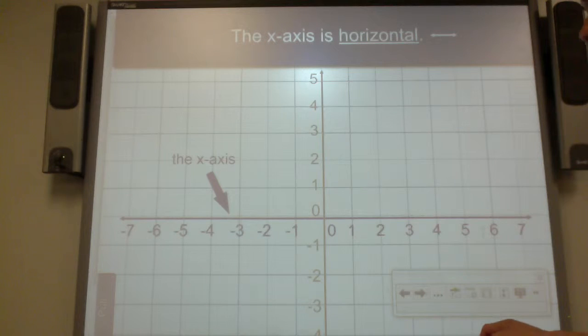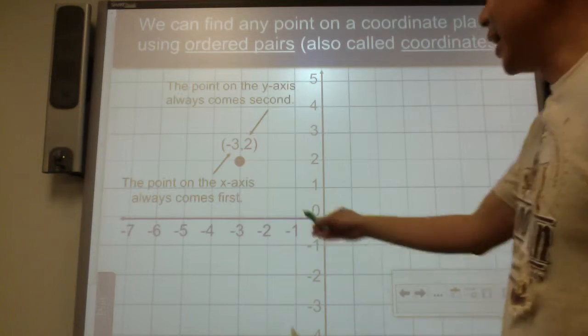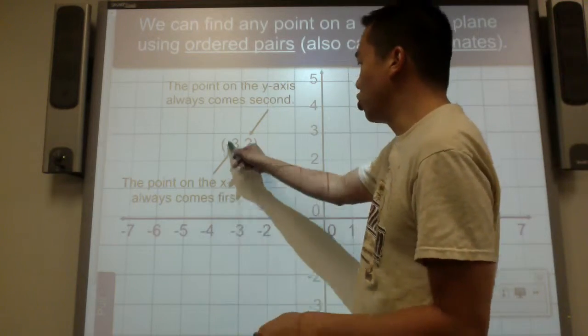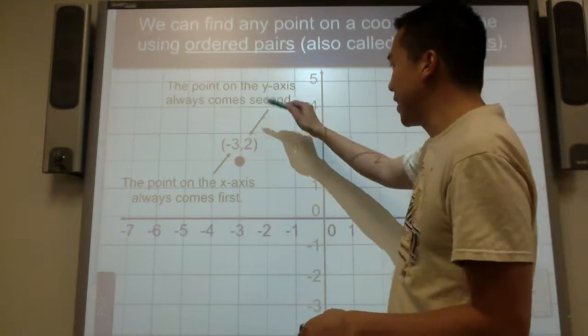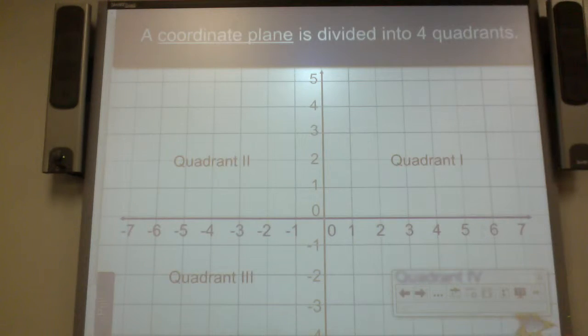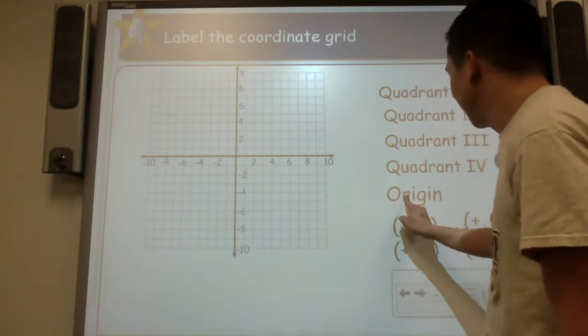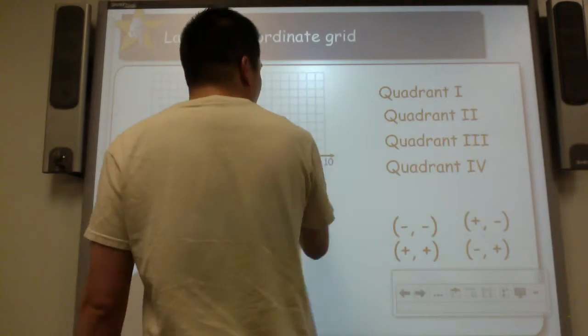This is the x-axis, this is the y-axis. Again, the first point goes from the x-axis, the second point is the y-axis. That's why I like you to do x, y. And then you can move this. This is the origin.